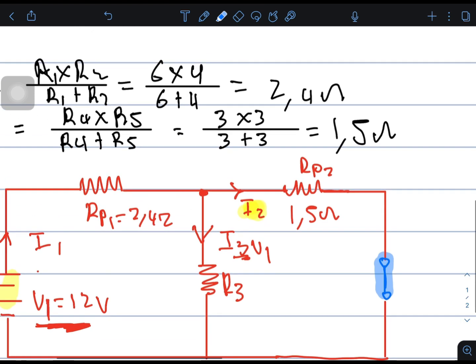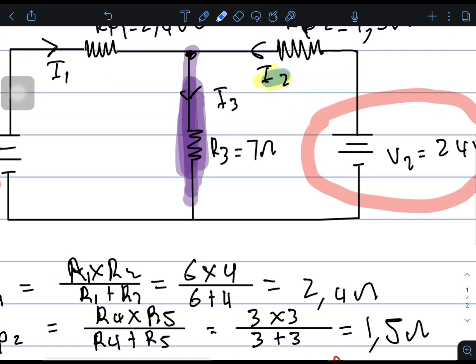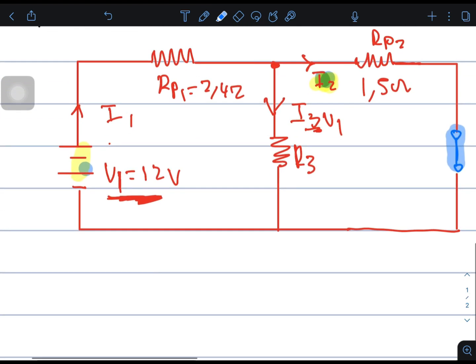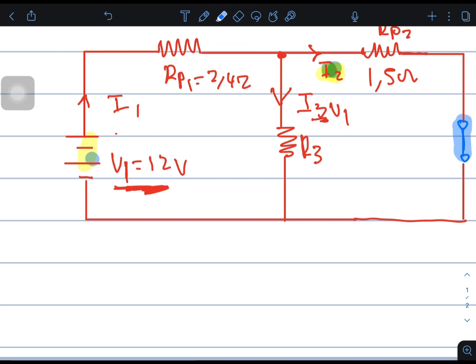Hence, don't compare this I2 with that one, because we are analyzing each source acting separately. That is what it says in the definition.